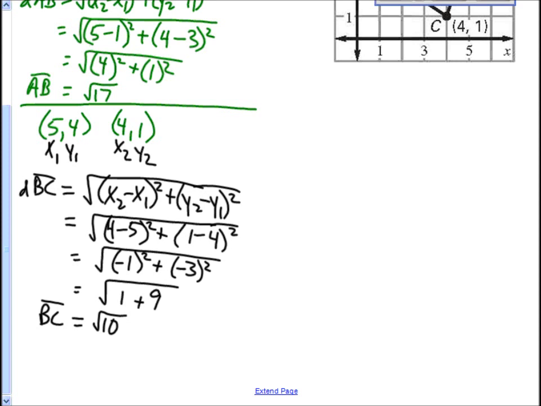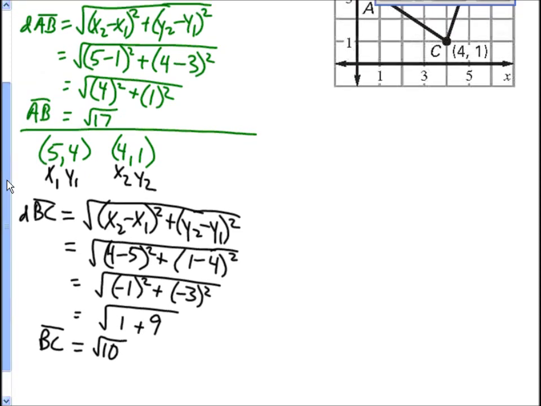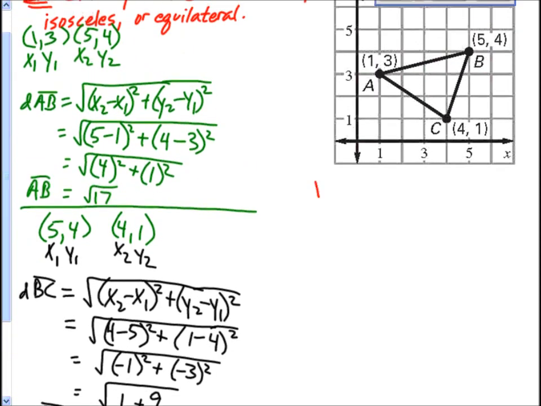Okay, let's finally do from A to C. Okay, from A to C. So A, let me go back up to this here. A is 1, 3. C is 4, 1. Okay, so we're going to go from there to there.